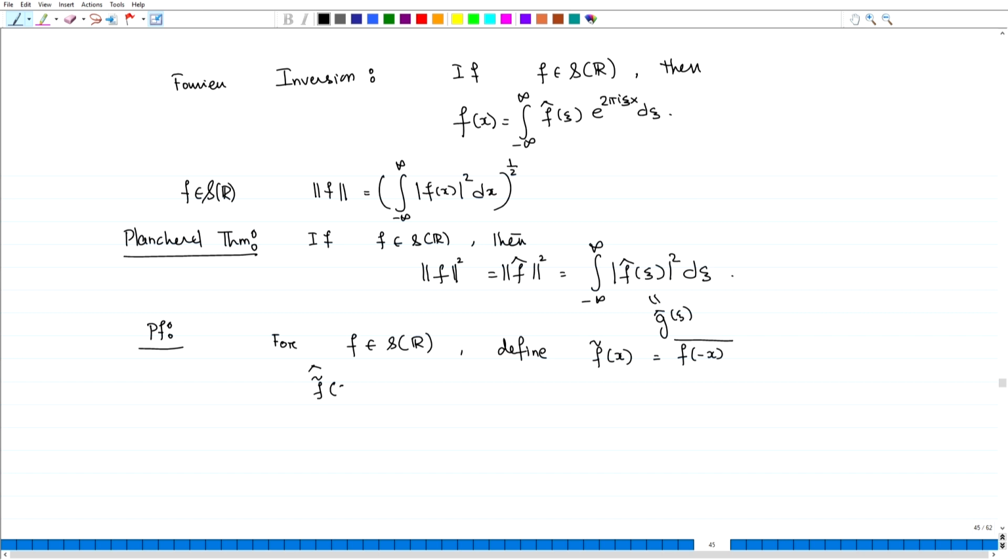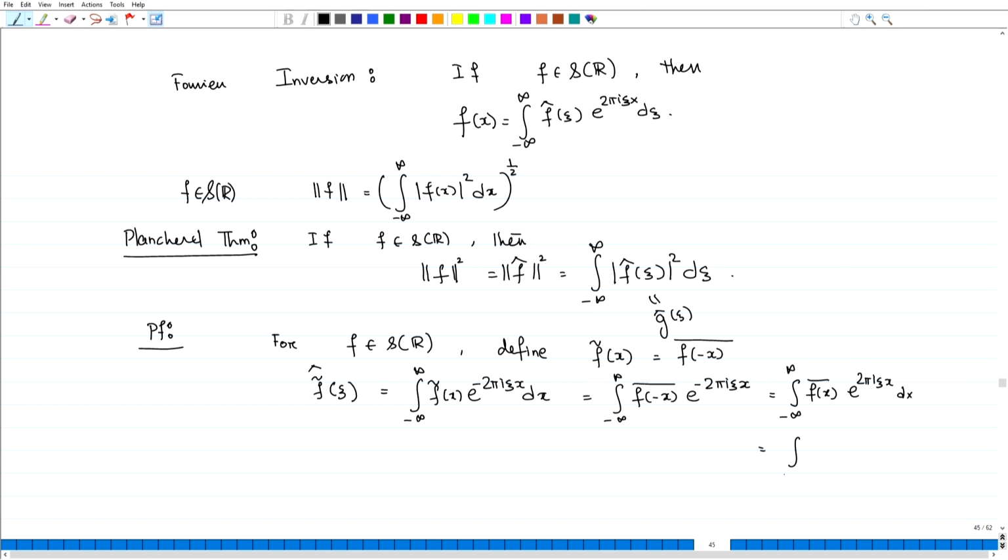So, we talk of f tilde hat at xi, and by putting the definition, and if I make a change of variable, x going to minus x, then this is the integral from minus infinity to infinity of f of x bar e to the power 2 pi i xi x dx.